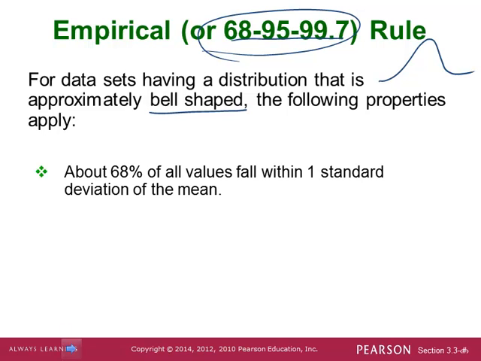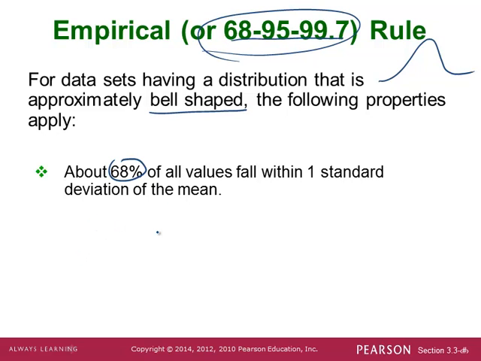That says that, if you know the mean and standard deviation for that distribution, about 68% of the values in that distribution, whether we're talking about a large sample, by the way, or a population, will fall within one standard deviation of the mean.